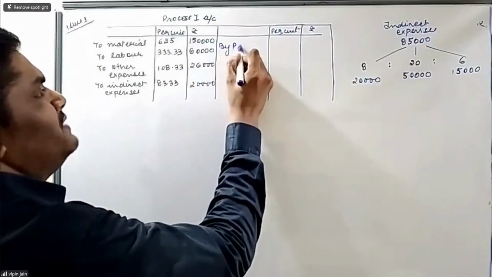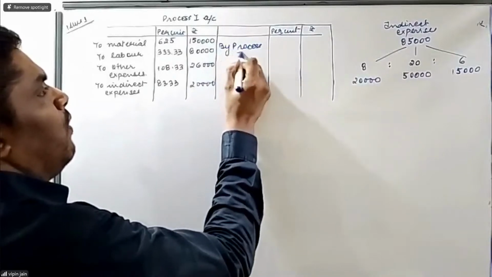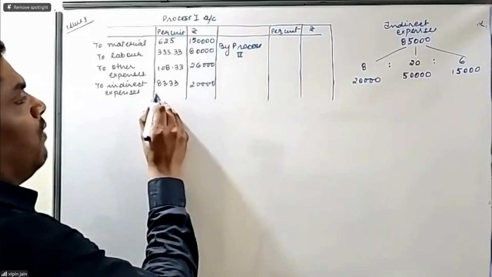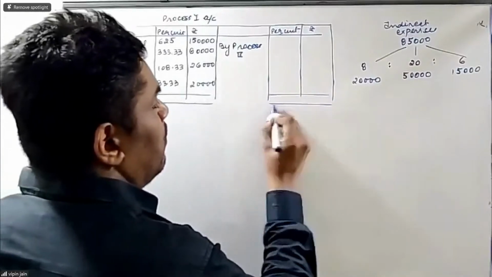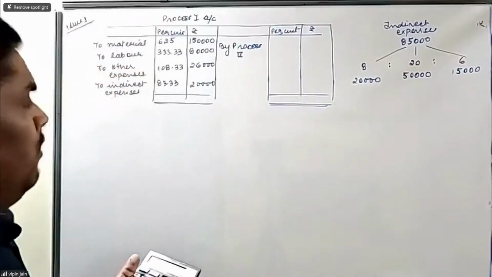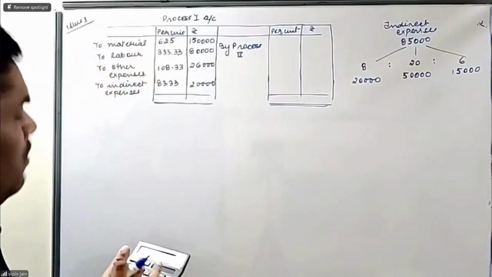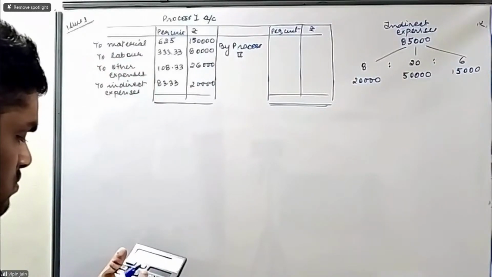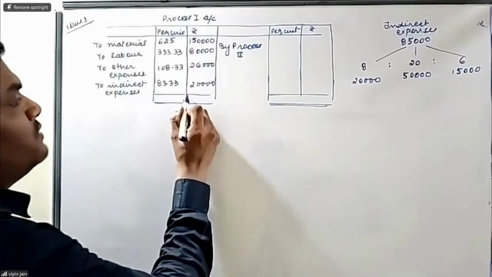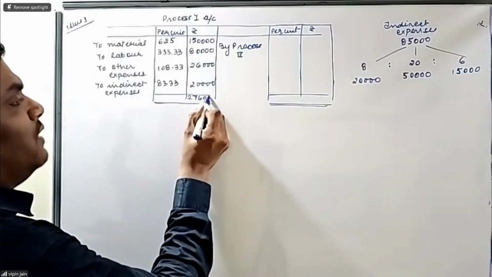So by process second, this will be 2,76,000.